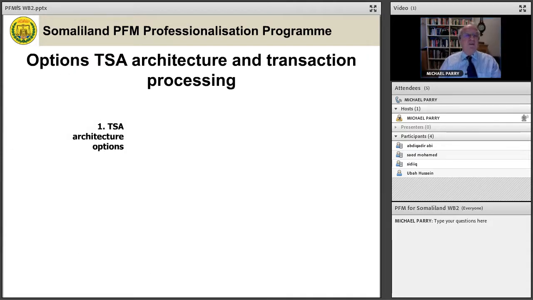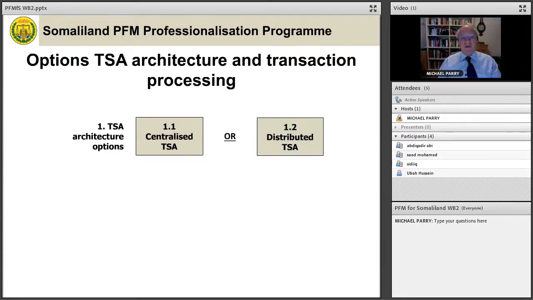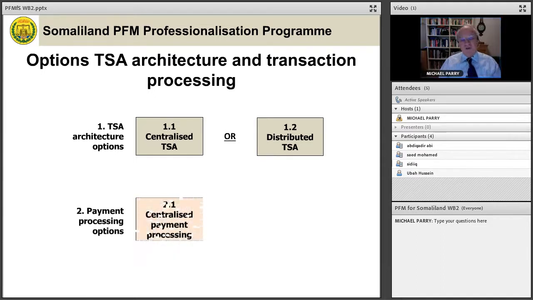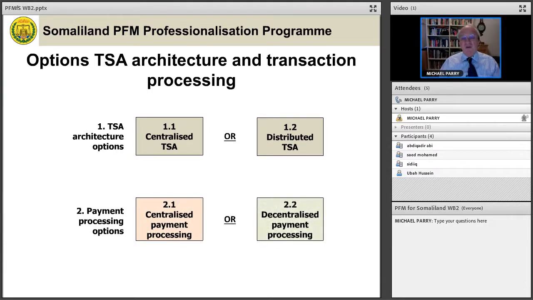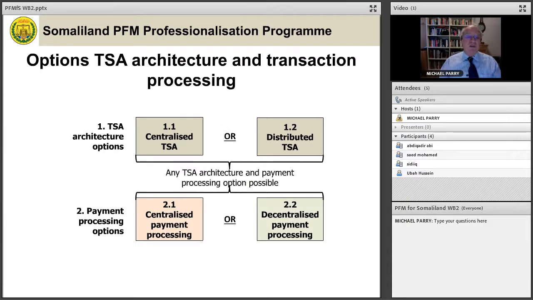We talk about the Treasury single account architecture, and we have two options: a centralised Treasury single account or a distributed Treasury single account. And that's linked to the way that you process your payments. You can either have centralised payment processing or distributed payment processing.